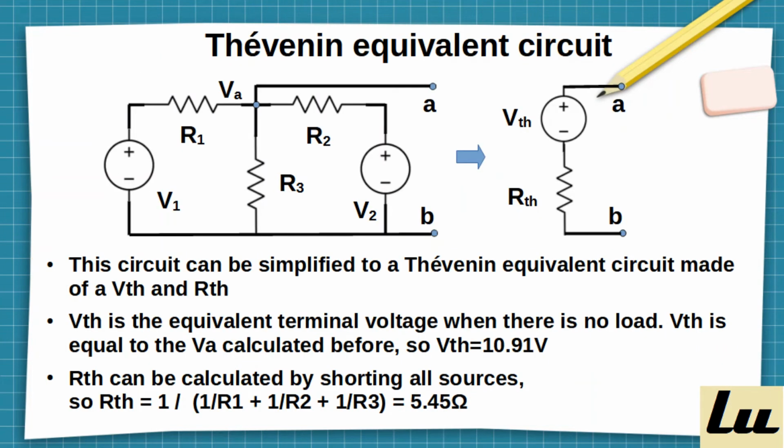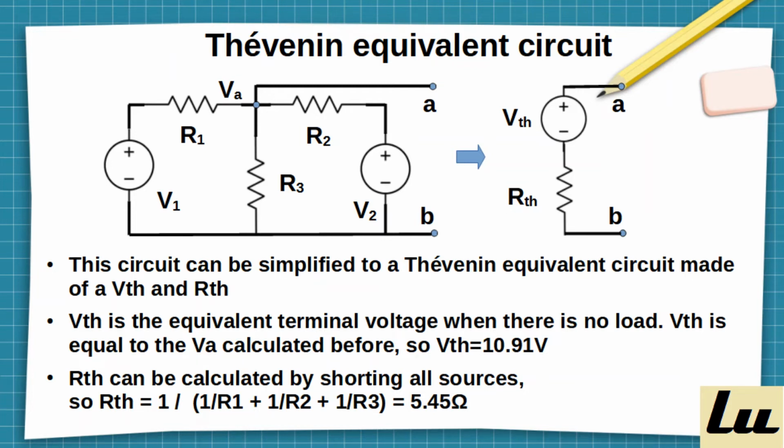This circuit can be simplified to a Thevenin equivalent circuit made of VTH and RTH. VTH is the equivalent terminal voltage when there is no load. VTH is equal to the VA calculated before, so VTH equals 10.91 volts.